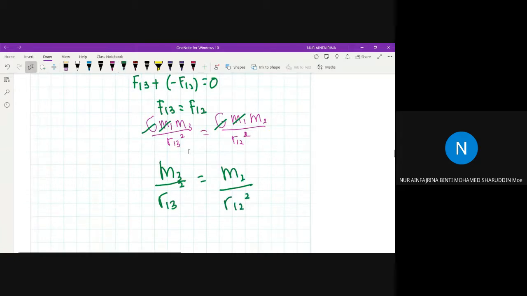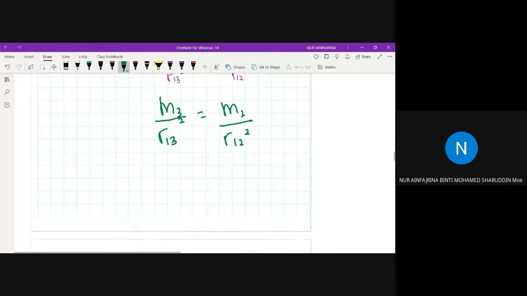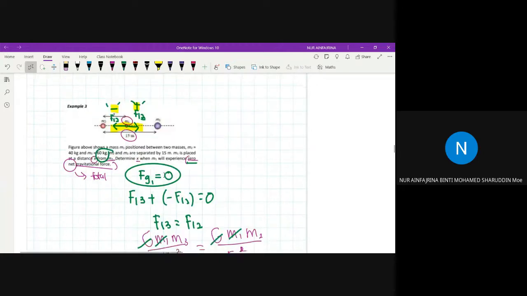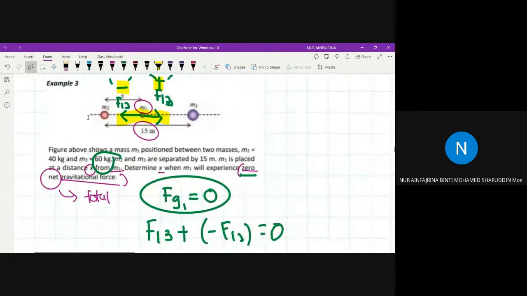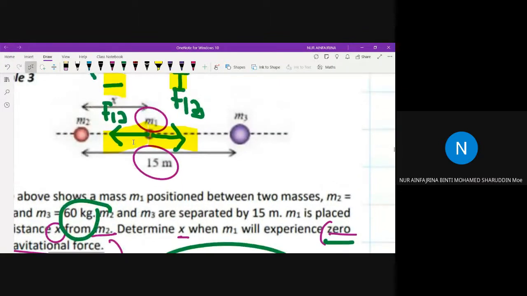Okay, sekarang kita tengok, kita tahu tak mass kita berapa? Mass ketiga kita dekat soalan dia dah bagi tahu dah 60 kg and mass 2 kita adalah 40 kg. So tulis dulu 60 over and then yang ini adalah 40 kg. But my question, distance from 1 to 3. Berapa distance? 15 tolak x.